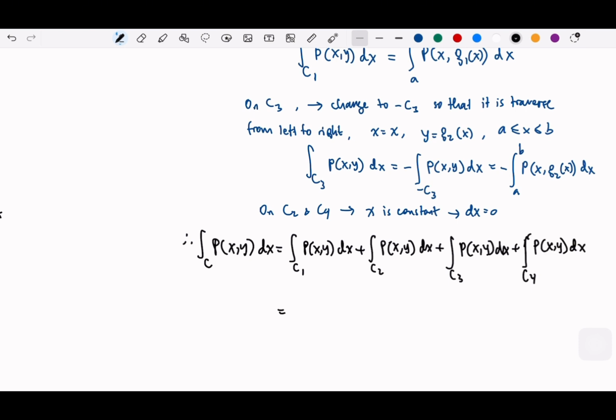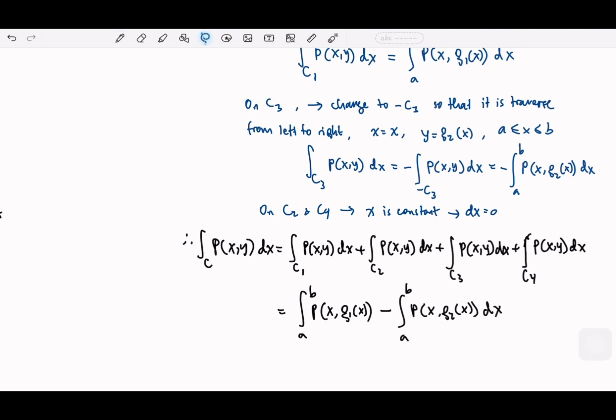So this will be equal to the integral from a to b of p of x, g1 of x, minus the integral from a to b of p of x, g2 of x dx. Sorry, I forgot dx.